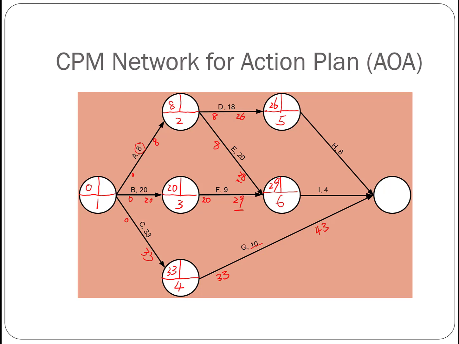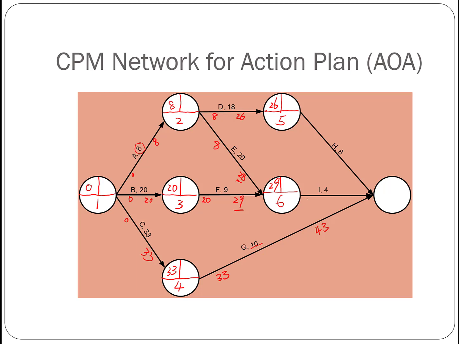If we choose the smaller number, 28, then it won't correctly represent both E and F are done. Okay, so I encourage you not to just remember, oh, take the bigger number or take the smaller number. Instead, if you understand what this event represents, then you will be able to choose the right number to use.